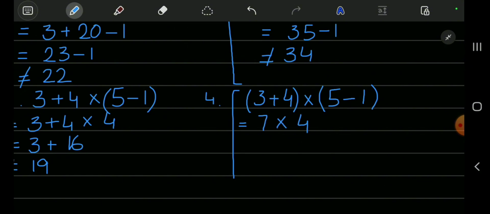In the BODMAS rule with brackets, if we have multiple brackets, we can solve the brackets in the same step as well, because they are at the same hierarchy place. So 7 times 4 is 28. Yes, this is the correct way of doing it.